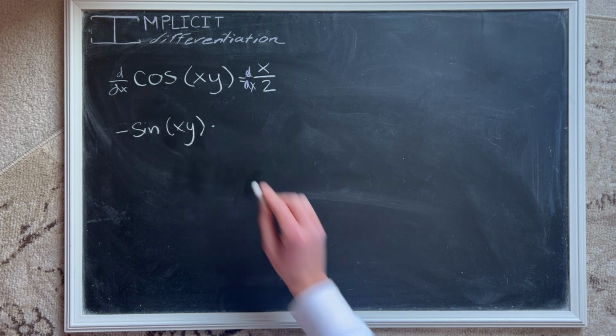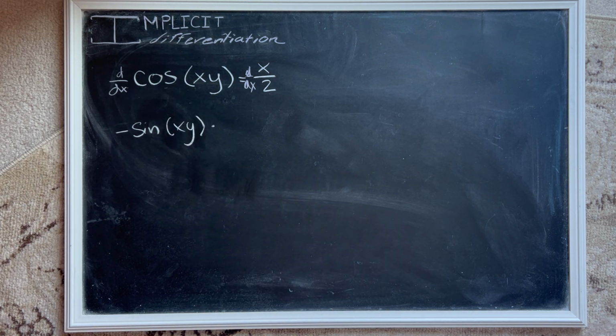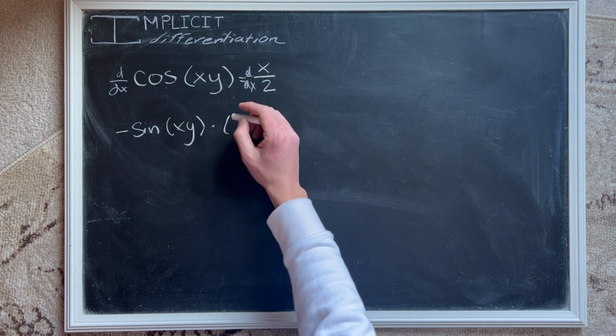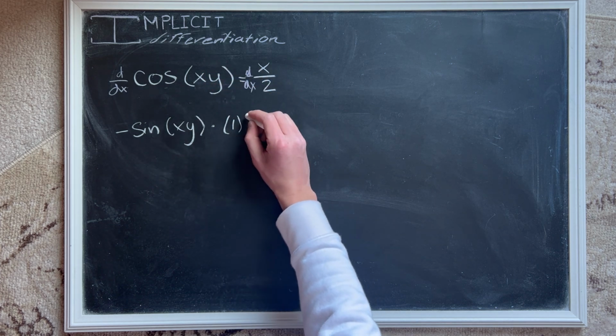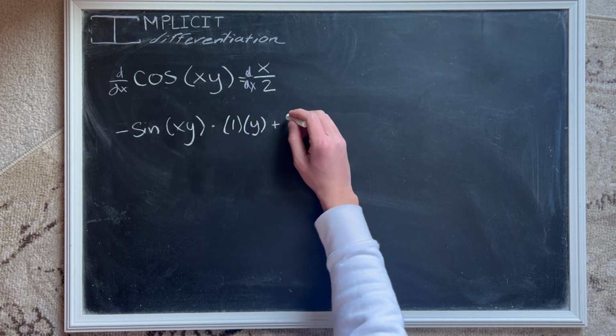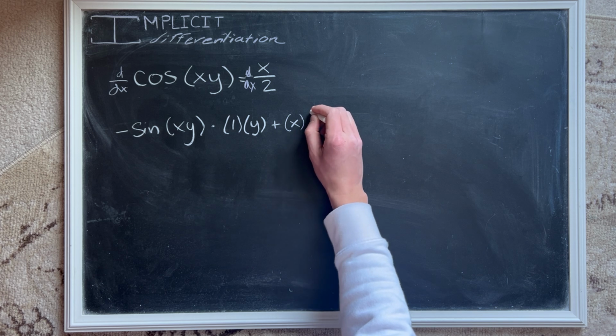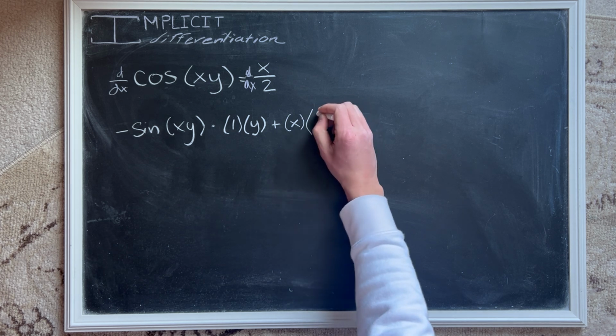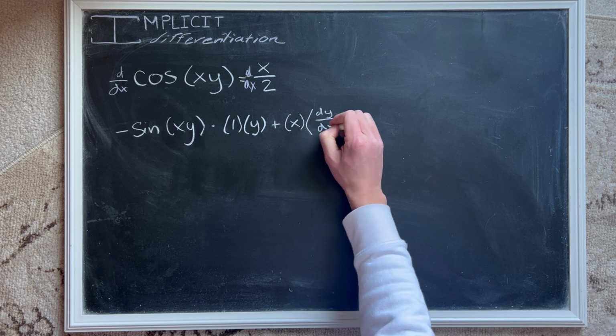And then we have to multiply by the inside. Now, for the derivative of x times y, we have to use the product rule because they're two different functions. So the derivative of the first turns into 1, multiply by y, add x times the derivative of y would be 1, but remember, multiply by dy over dx.